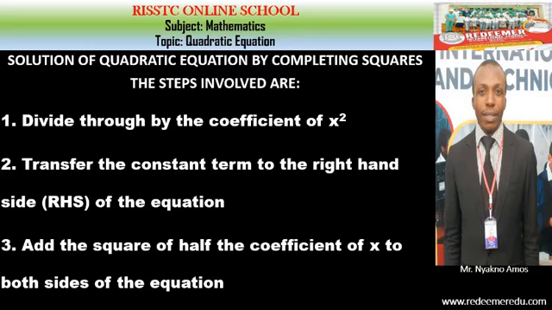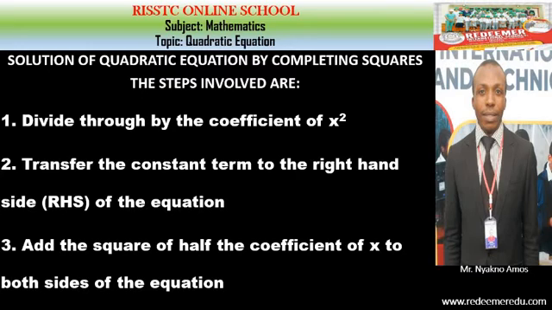The steps involve: 1. Divide through by the coefficient of x squared. The coefficient of x squared is the number before x squared. Step number 2. Transfer the constant term to the right hand side of the equation. The constant term is a term that doesn't have any variable at all, no letter of alphabet attached to it.